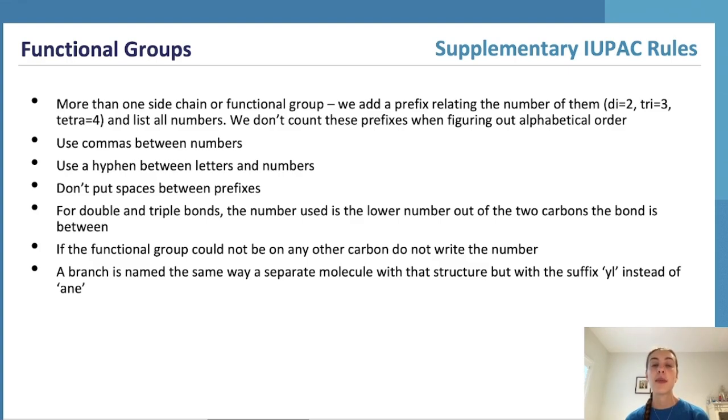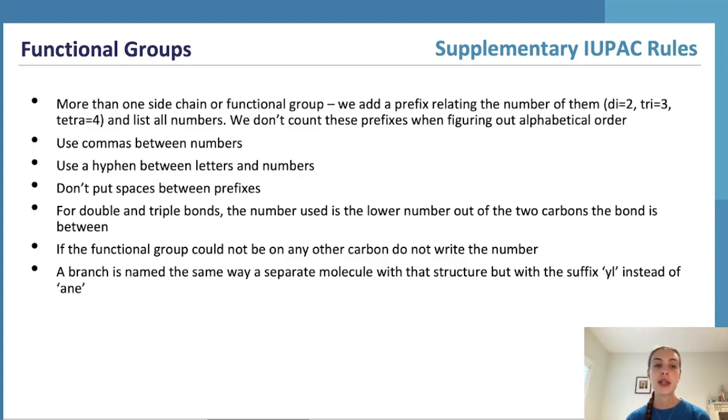So if you had a methyl group on the second carbon and a methyl group on the third carbon, you'd say it's a 2,3-dimethyl at the beginning. You don't count the multiplying prefixes when figuring out the alphabetical order. So if you had an ethyl group but then a dimethyl group, you'd still put ethyl before dimethyl, even though alphabetically that wouldn't seem right, because ethyl comes before methyl in the alphabet.